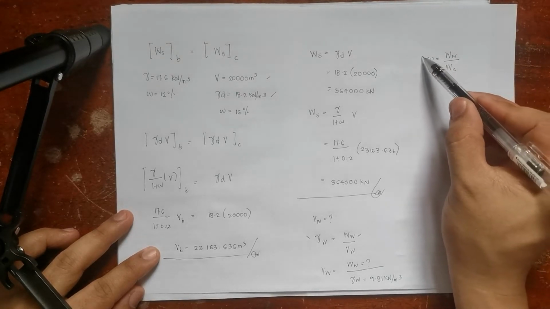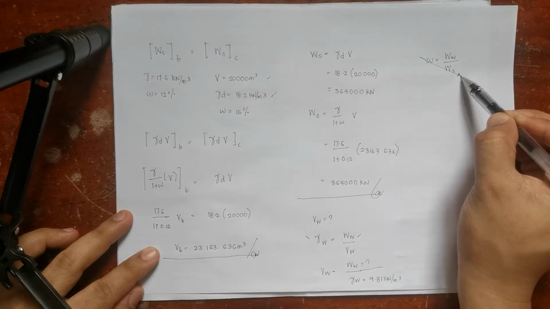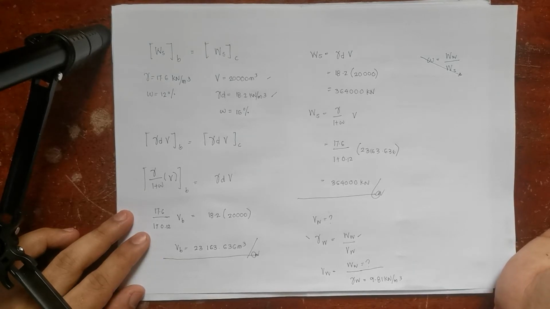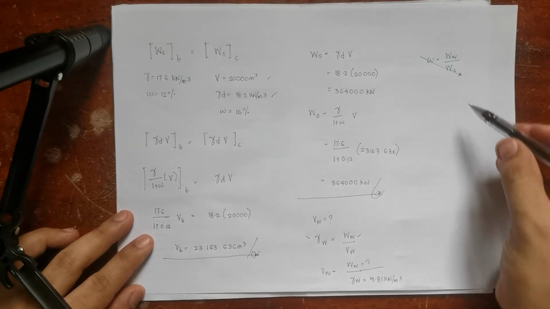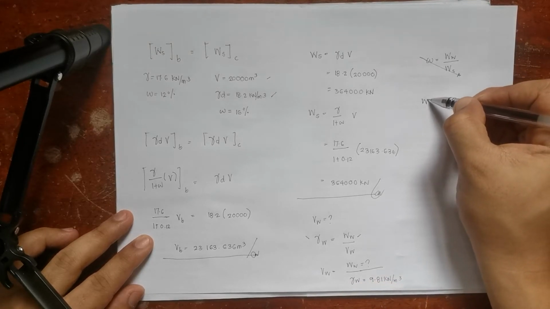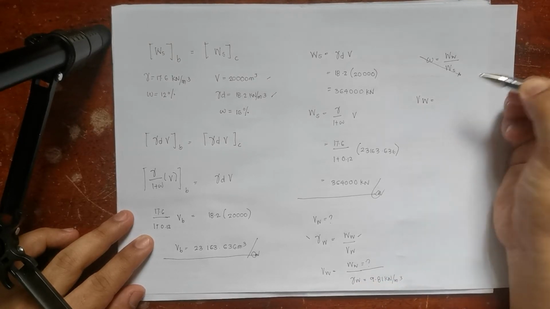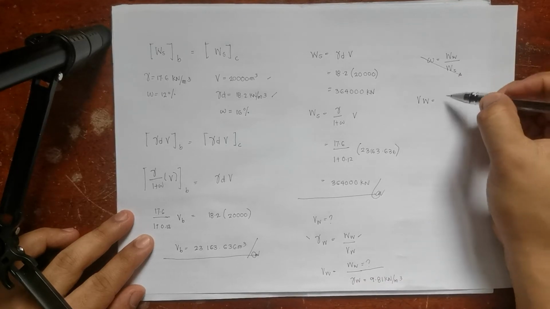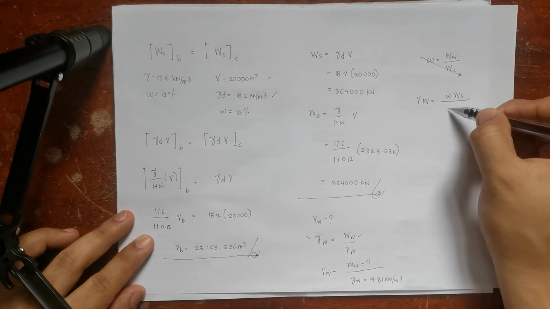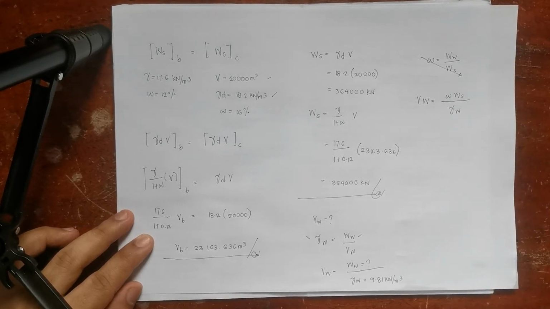So by cross multiplication, we can say that weight of water is a product of moisture content and weight of soil particles. So from that, substitute lang natin dito sa formulang to, we can say that volume of water is equivalent to the product of moisture content and weight of soil particles, over the unit weight of water.